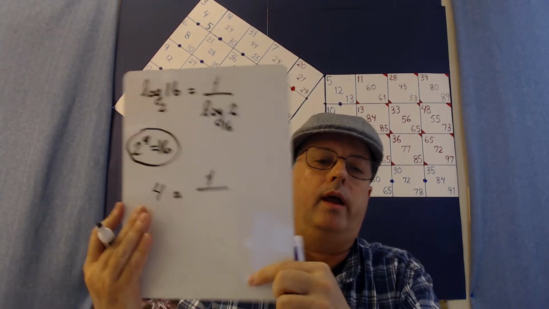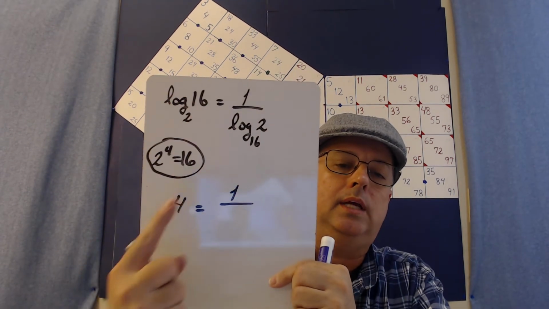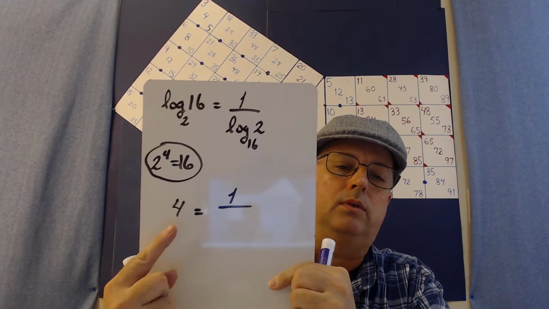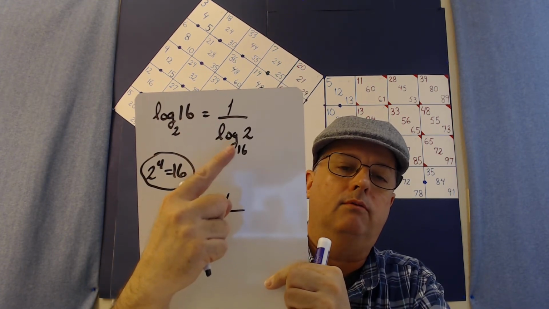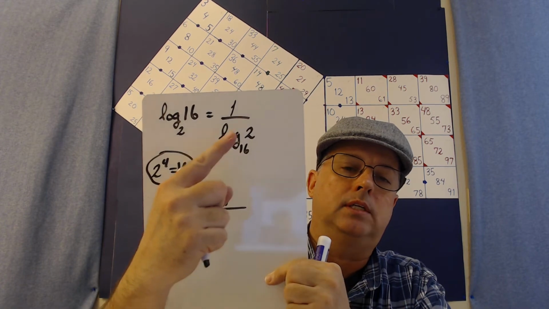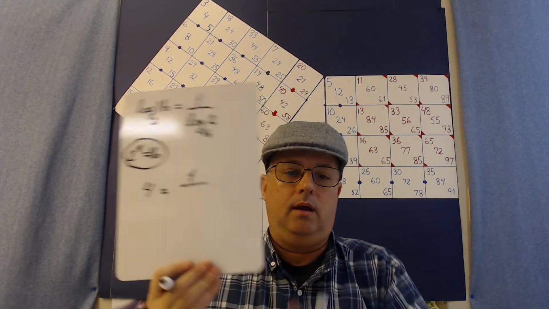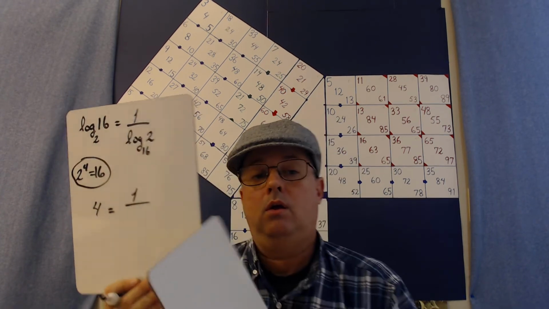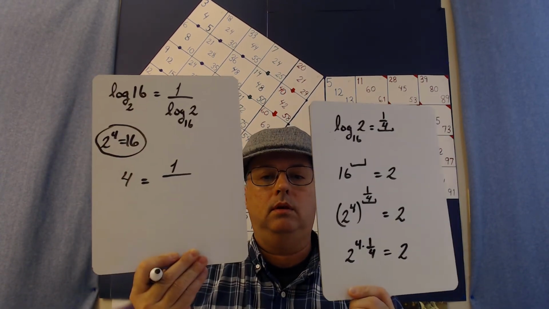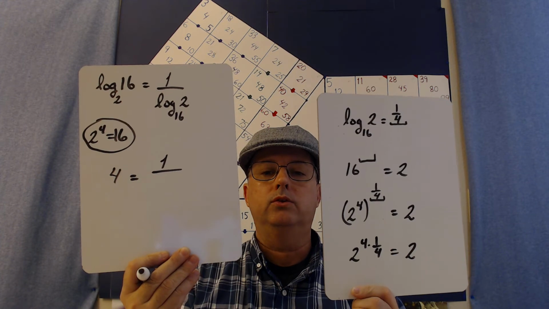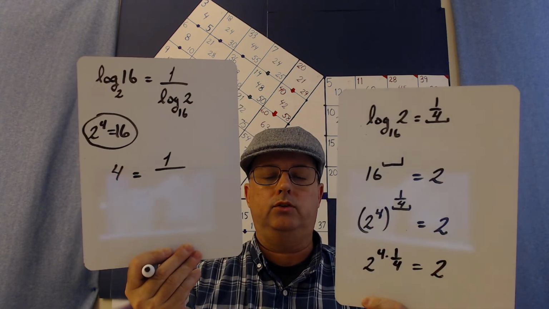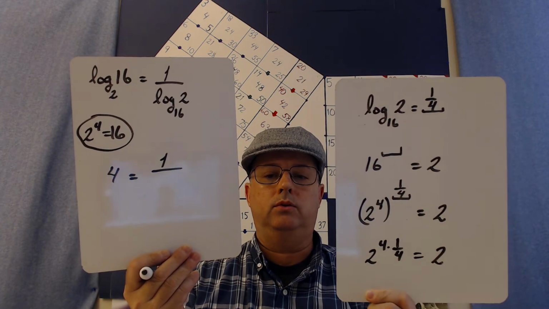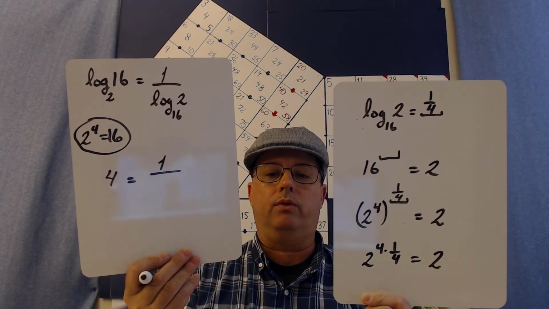Okay. So here I have what power of 2 is 16. That's 2 to the 4th is 16. And then I have 1 over, and then I have what power of 16 is 2. And we did that over here. So 16 to the 1/4 is 2.